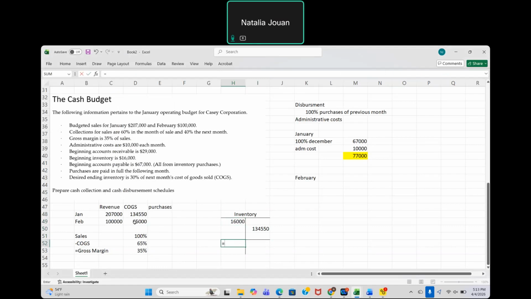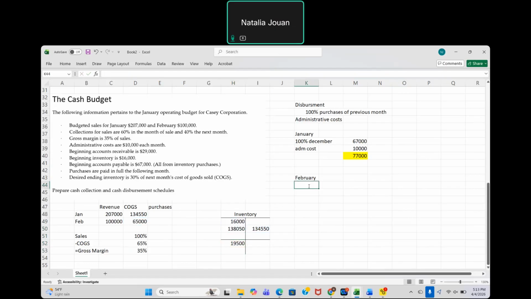So next month, cost of goods sold 65,000. We want to end up with 30% of that number. Let's figure out how much we purchased. Cost of goods sold plus ending minus beginning will give us 138,500.